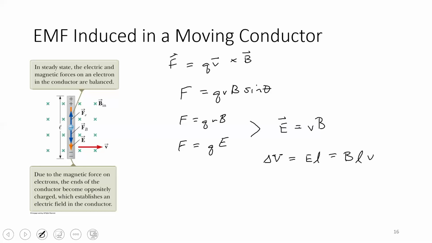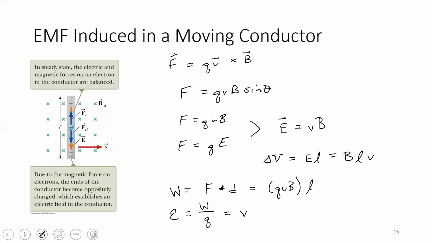So we can calculate the EMF, the work needed to move a charge from one end of the rod to the other. We're just going to do force times distance. And in this case, that work is QVB, that's our force, times our distance, L. And then our EMF is the work that's done per unit charge.